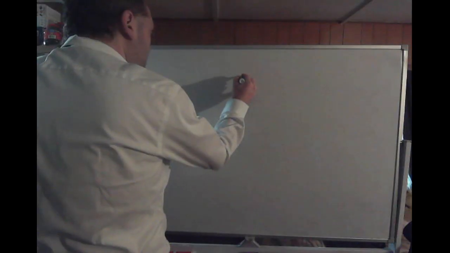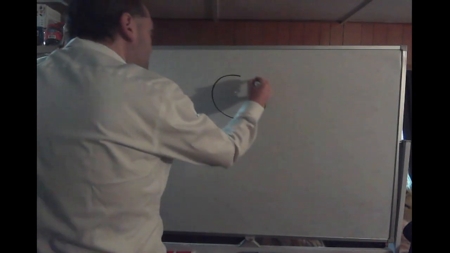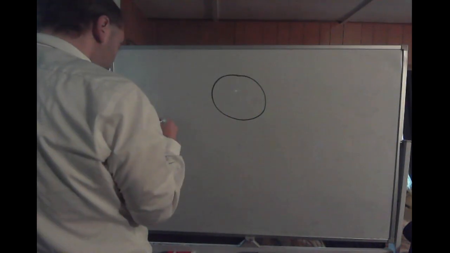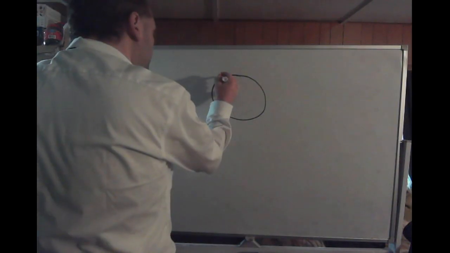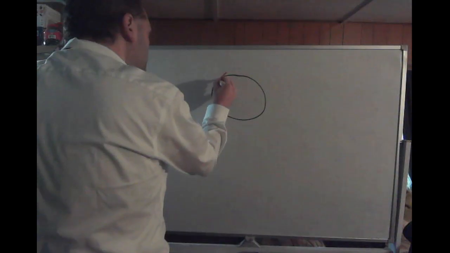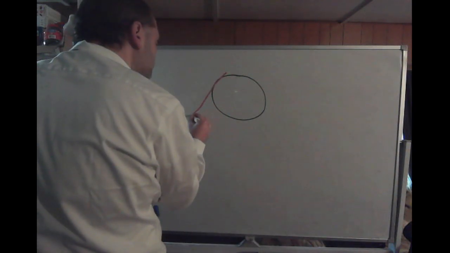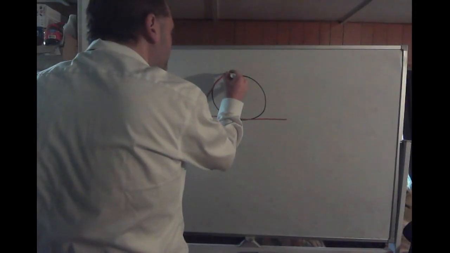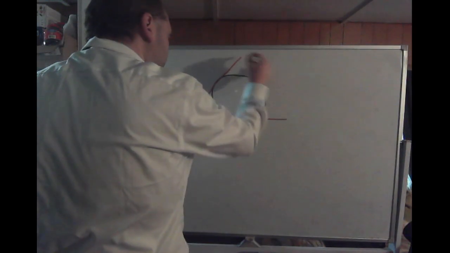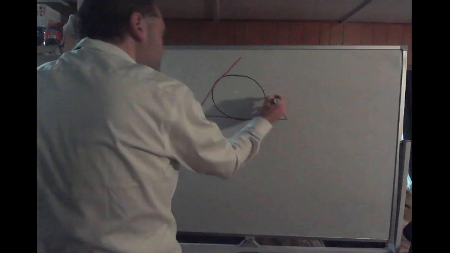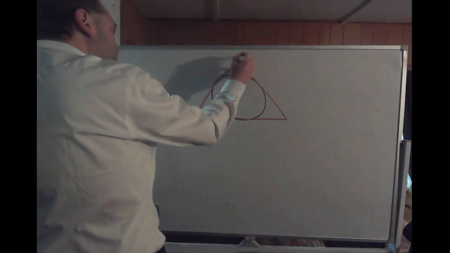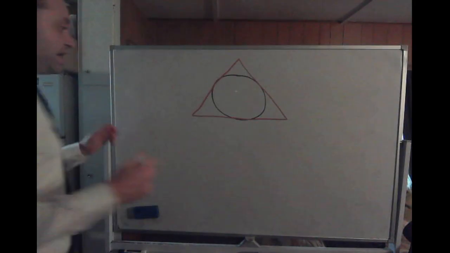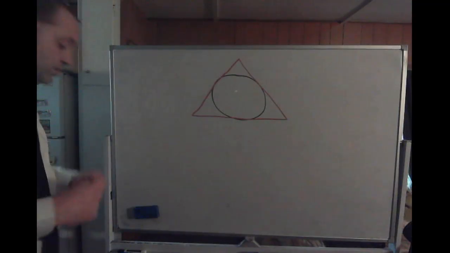Now, let's say I draw me a circle here, and then around that circle I set up some tangent lines in such a way that I can form a polygon around the circle.